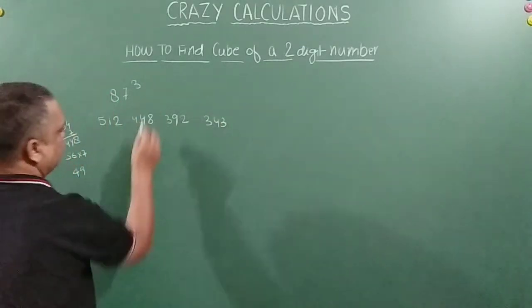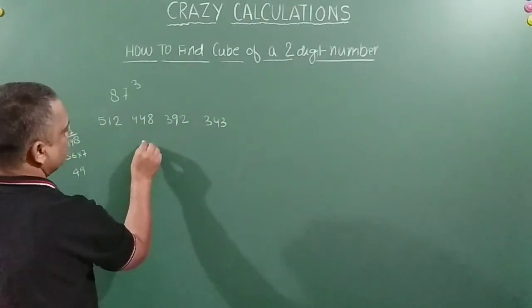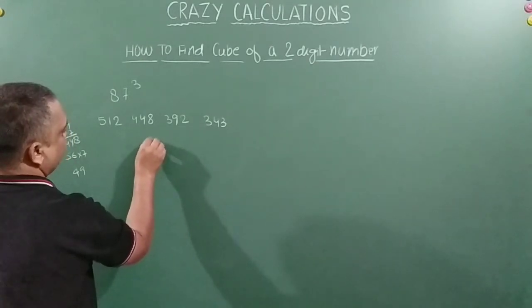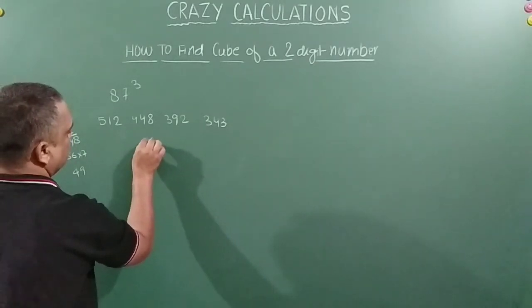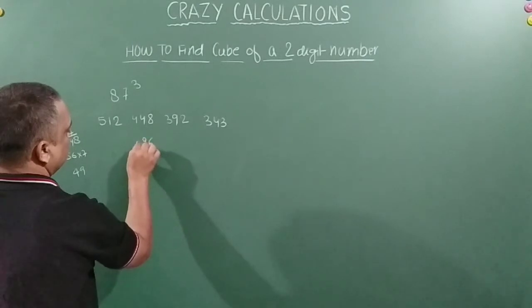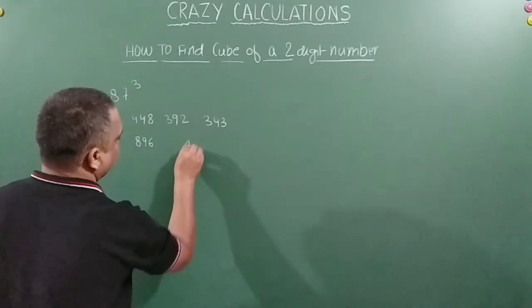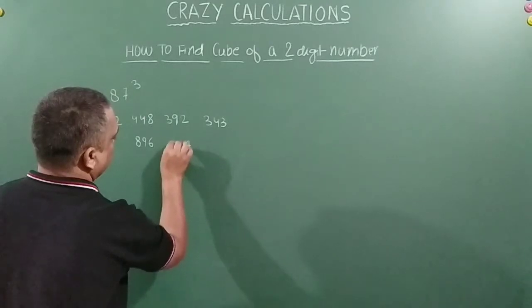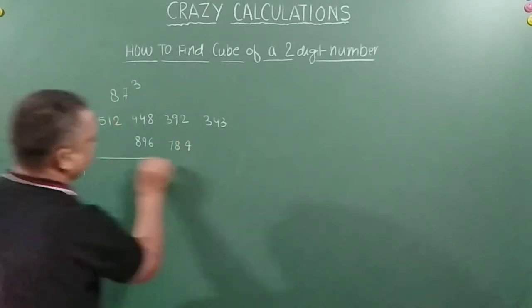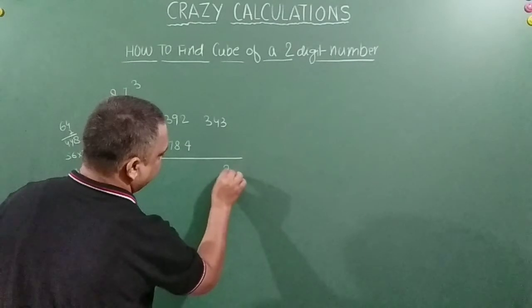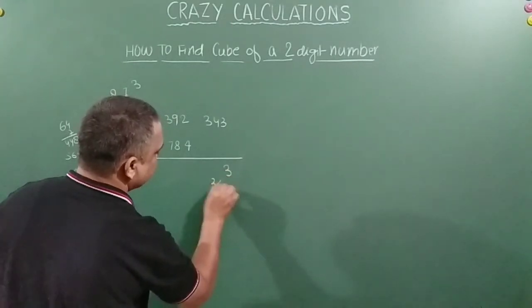Right? Now we will double it up, friends. So this becomes how much? 896. We'll double this up. This becomes 784. We added 3, we write here, and 34 in the base.